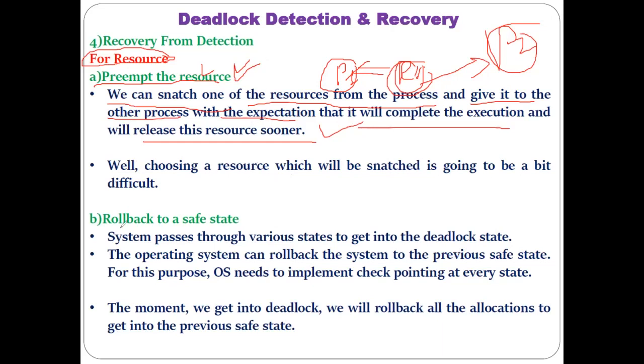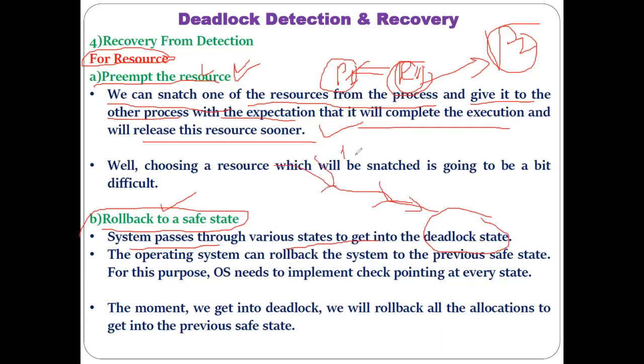The second approach at the resource level is rollback to a safe state. Whenever a process gets created in our computer system, the system passes through different states. The system never goes directly into the deadlock state; before that it passes through other states.